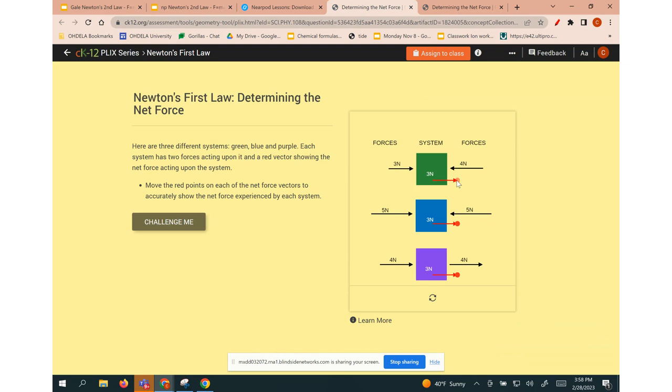Because this is an unbalanced force, 4 going to the right, 3 cancels 4, and we're going to get 1 newton to the right, right? So these forces are the same in opposite directions, so this is going to be a 0 net force. And here, both of these forces are moving to the right, so that becomes a force of 8 newtons. So it's like 4 newtons pushing, 4 newtons pulling.